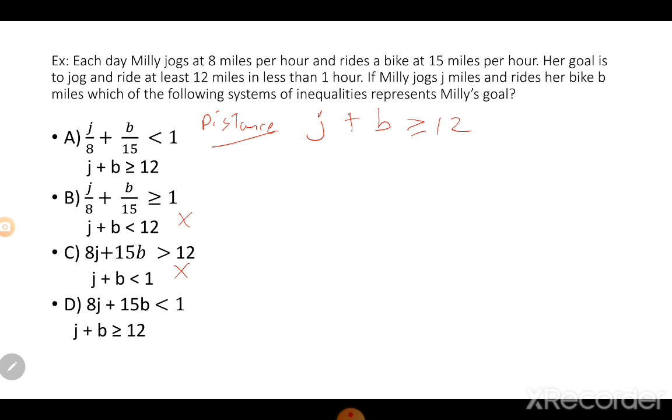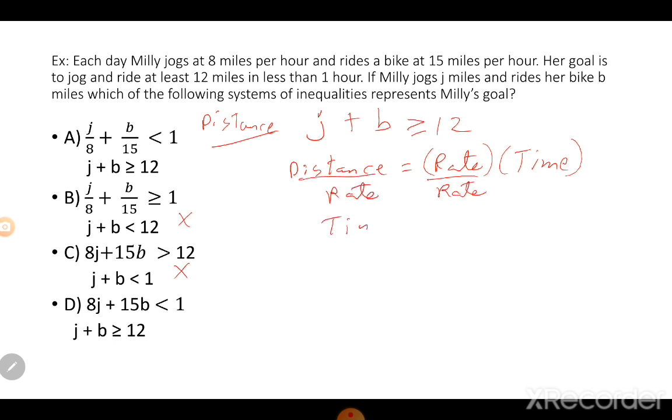So she wants to do everything in less than 1 hour. But first we know that distance is equal to rate times time. So to get time by itself, we divide both sides by rate.